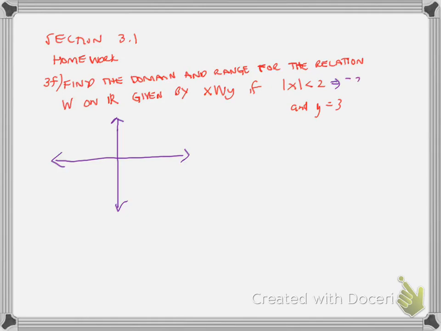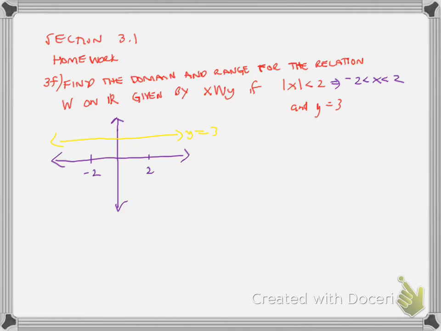So x is between negative 2 and 2, and then y is equal to 3. So y is going to be this horizontal line here, and x is between negative 2 and 2, right?